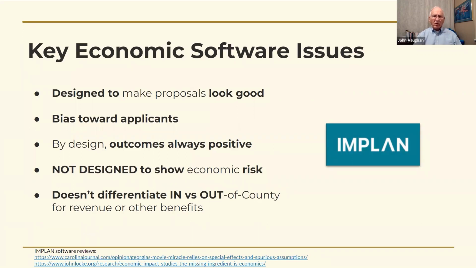By design, the outcomes are always positive. There is no attempt to account for unplanned, unforeseen events and associated costs. It is not designed to show economic risk. The software doesn't accurately differentiate dollars that are spent in Nevada County versus dollars that are generated here or that go out of Nevada County. Next slide, please.